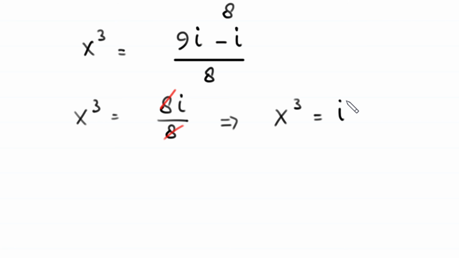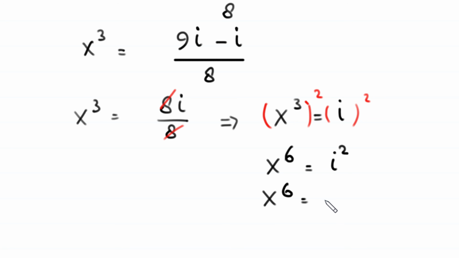Now we take a square of both sides. So x cubed whole squared will become x to the power 6 equal to i squared. Since i squared equal to negative 1, so x to the power 6 will be equal to negative 1.